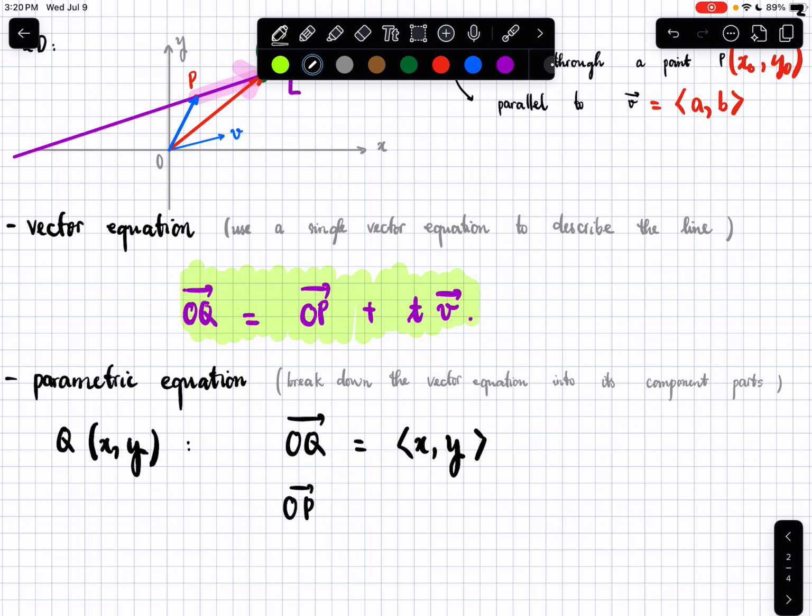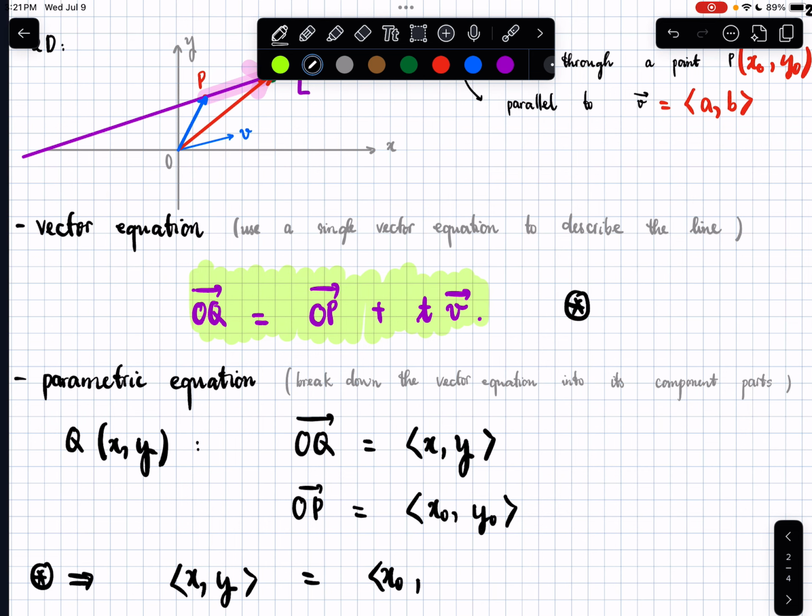OP is x0, y0, and T times V is ta, tb. So the vector equation now becomes x, y equals x0, y0 plus t times a, b.